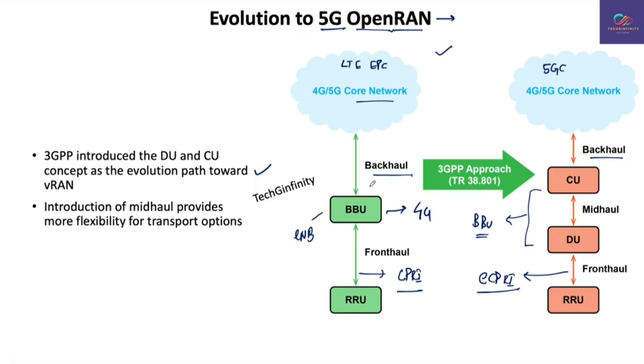And this is the evolution of 5G Open RAN when we compare it with the legacy technology. Now when I say BBU, if you see, this RU is going to connect with an RF antenna, and this is going to radiate, right? And this is your mobile, which is going to connect with this particular antenna. And this interface, we call it the over the air or Uu interface.